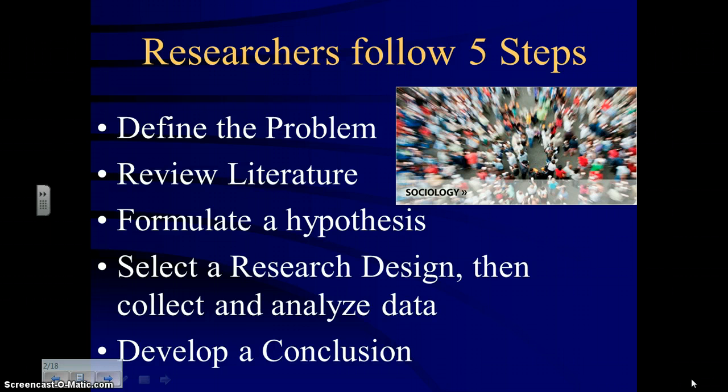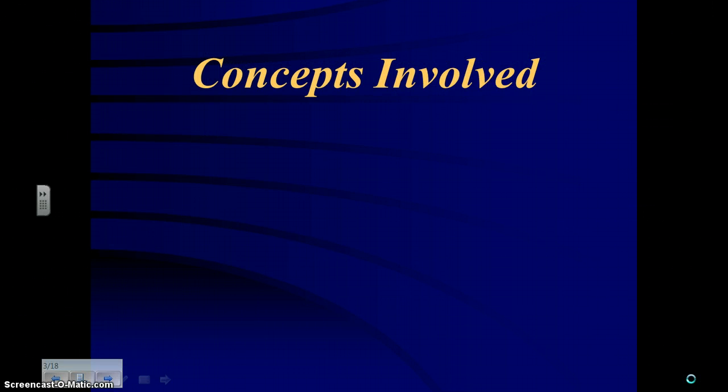So there, in a nutshell, you have the basics of the scientific method of research. Now, I said that we would concentrate a little bit more on the hypothesis, and some of the concepts involved in it. That's what we're going to look at real quick.